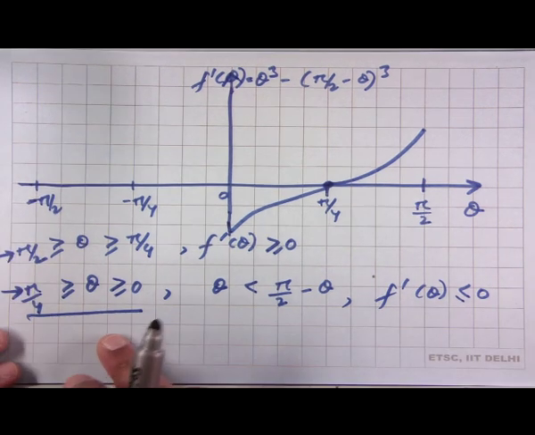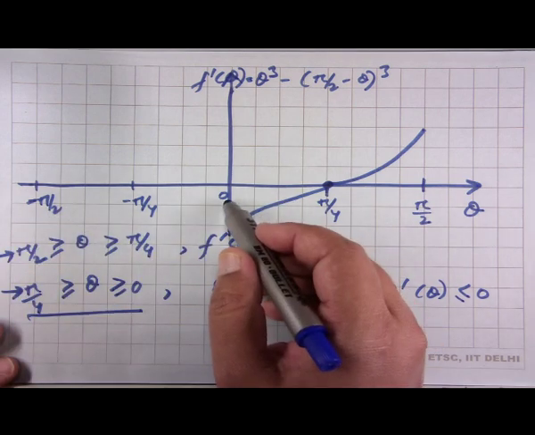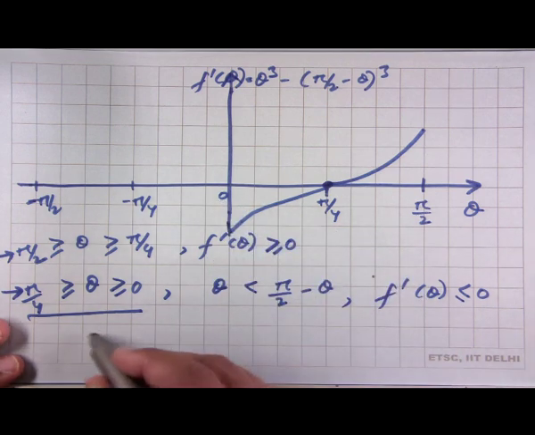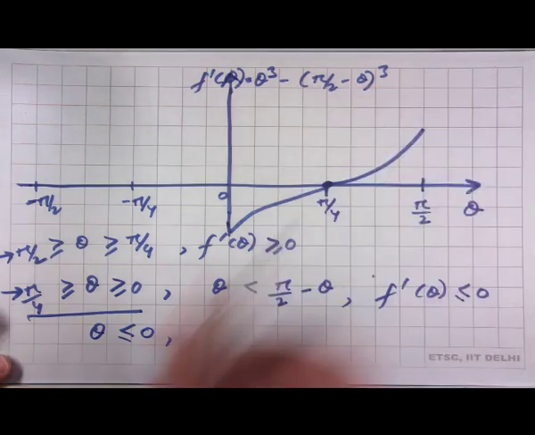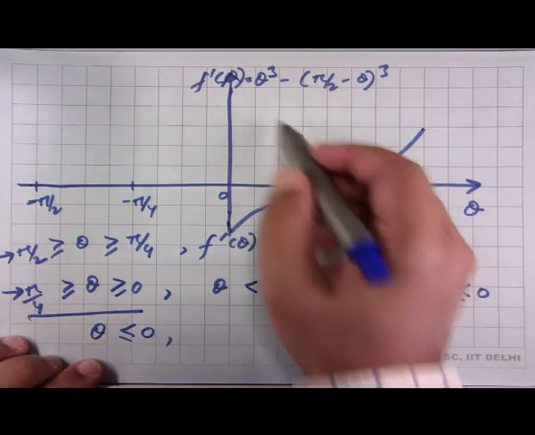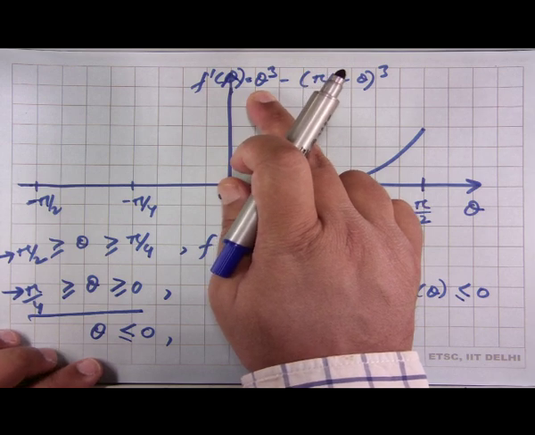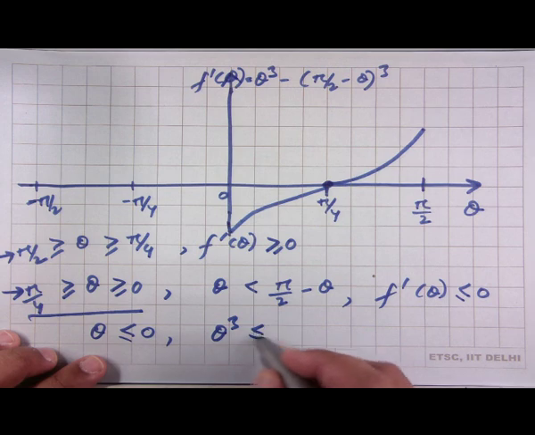Then similarly we have to consider negative values of theta. When theta is less than or equal to 0, theta cube is going to be negative.